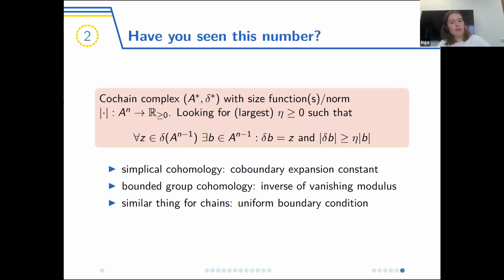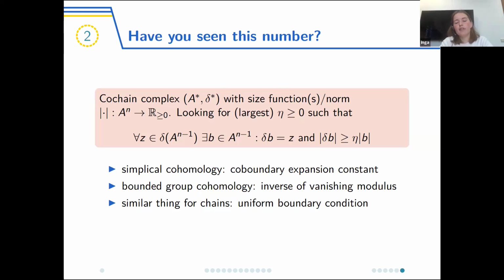And I want to end my talk in the last minute with a question for you, because I realized during the last conference I've been to that this coboundary expansion constant, so the idea of measuring the size of an image of a cochain and comparing it with its distance to the coboundaries, also appeared for other cochain complexes.